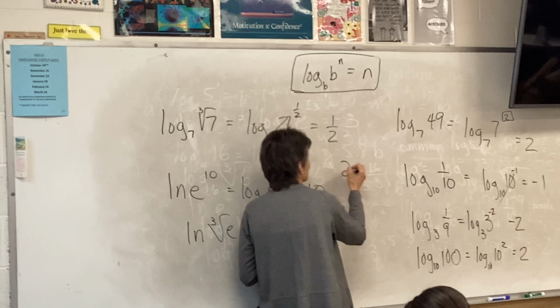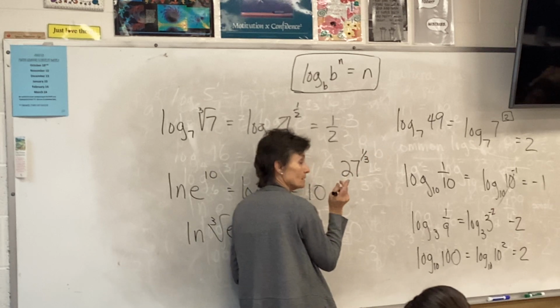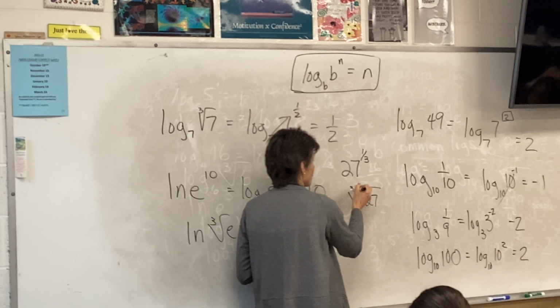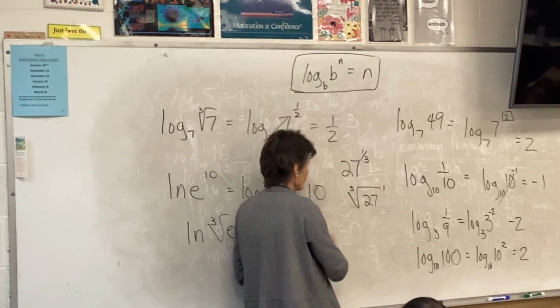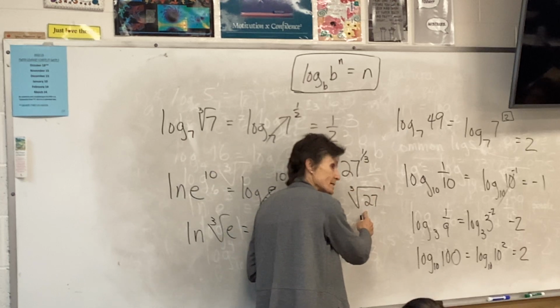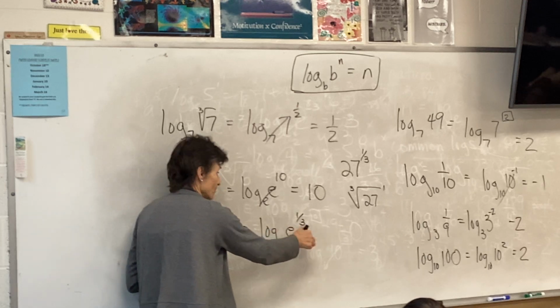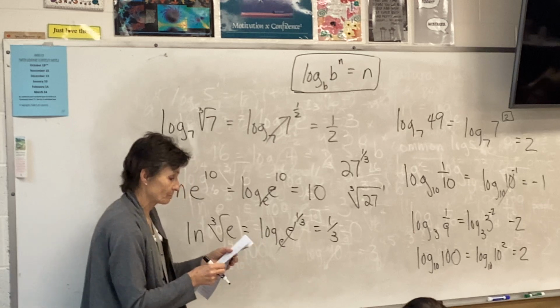Think about 27 to the 1/3. We did that yesterday, and we said that's a radical: cube root to the first. So 27 to the 1/3 means the cube root of 27. This means the cube root of e is e to the 1/3. So the answer is 1/3.